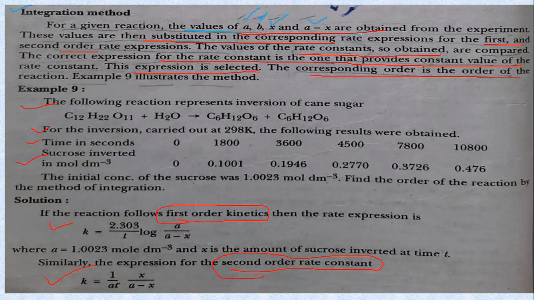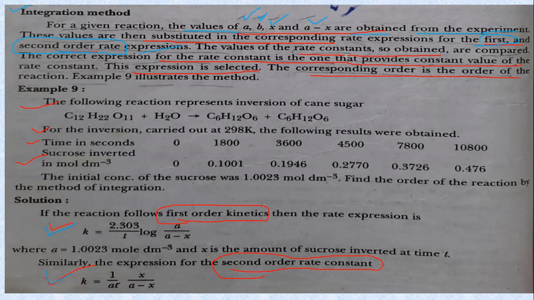All these values are obtained from the experiment, and then we are going to use the actual expression. All these values are entered in the rate equation of first order reaction kinetics and second order reaction kinetics. These are the 2 expressions which you can see on your screen. This is the first order expression, this is the second order expression.